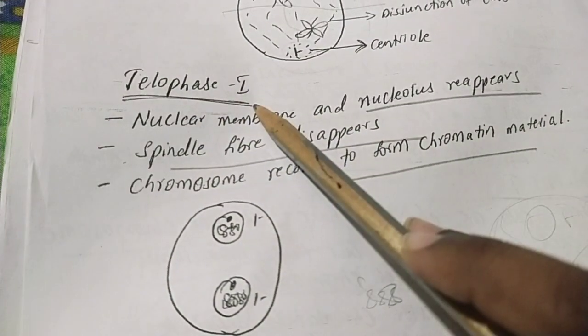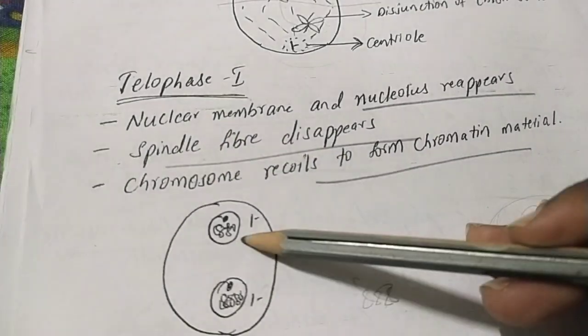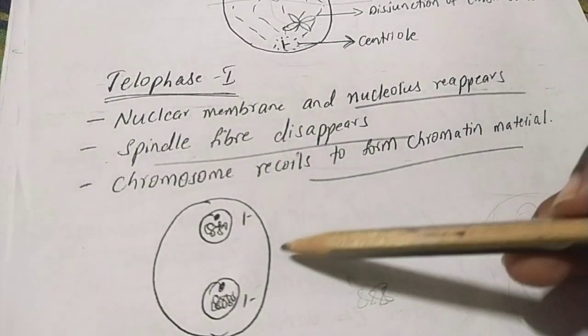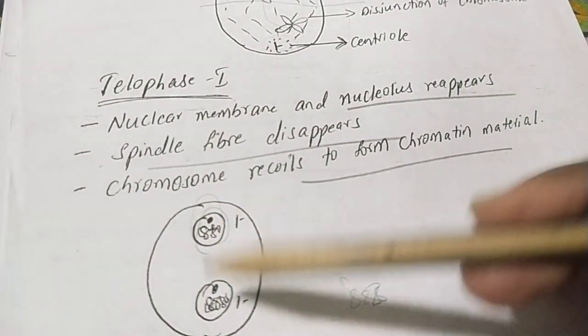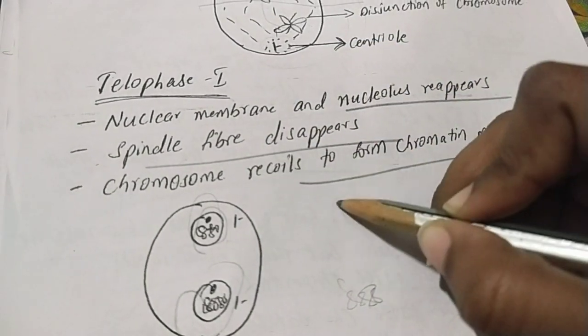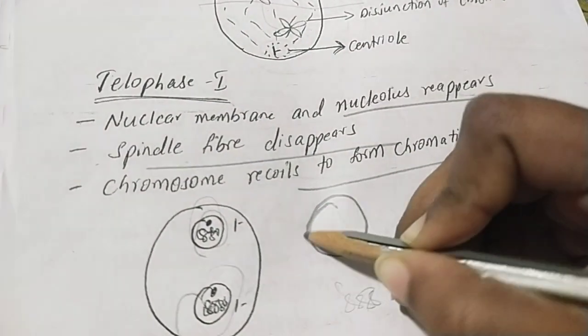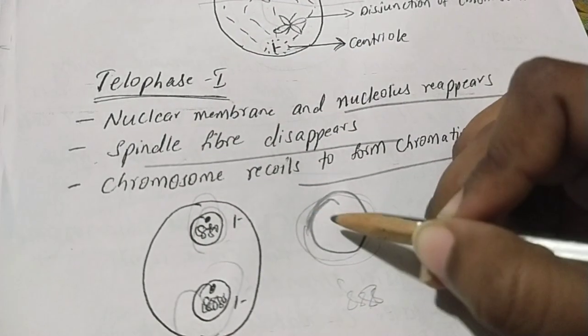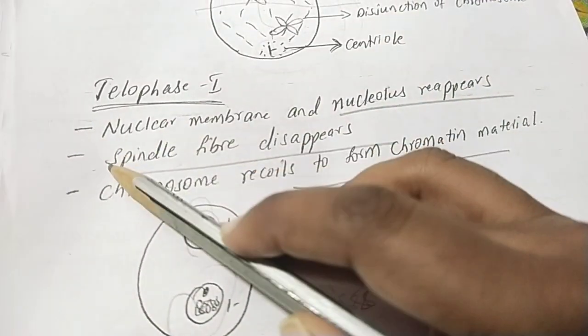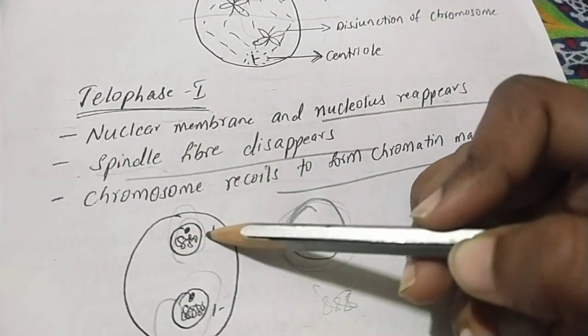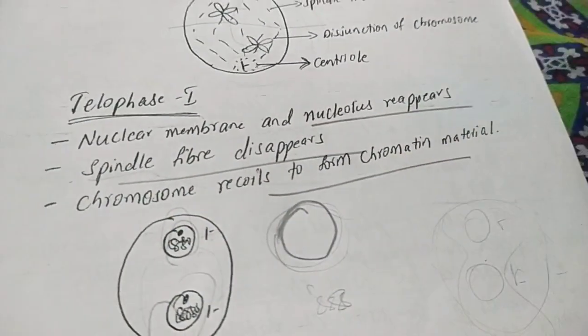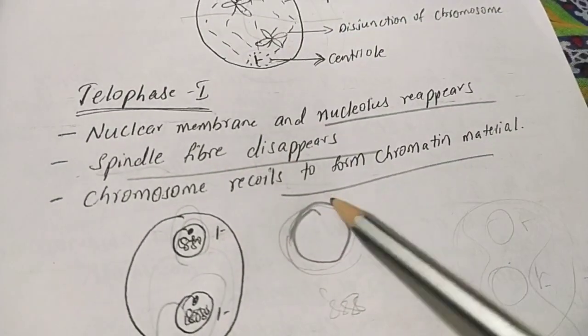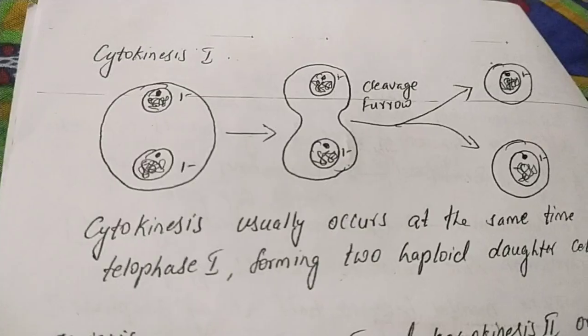Coming to telophase 1, the nuclear membrane and nucleolus reappear. The nuclear membrane is the membrane surrounding everything. The spindle fibers disappear, and the chromosomes recoil to form chromatin material.